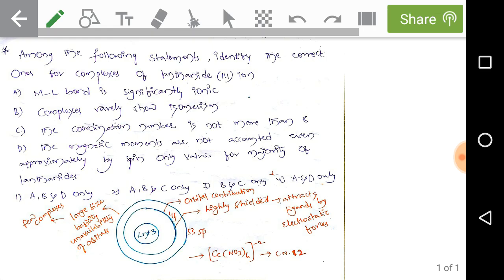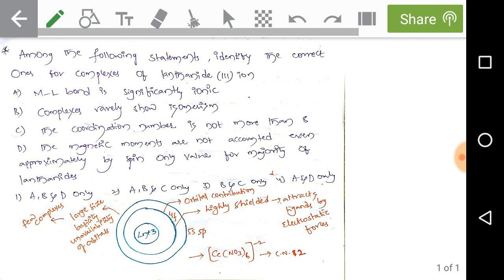That's why the lanthanide plus 3 ions coordinate with ligands simply through electrostatic forces, so the metal-ligand bond is significantly ionic in nature.